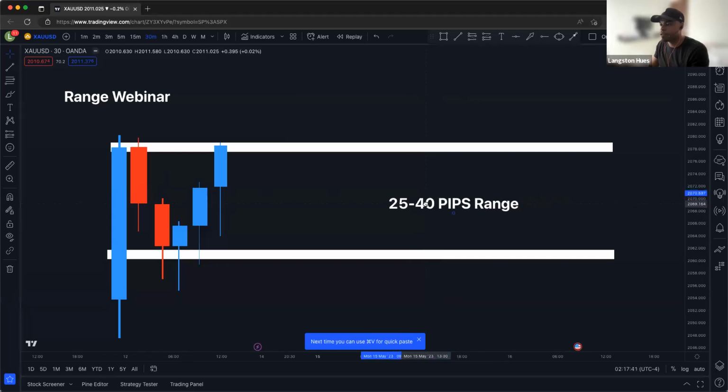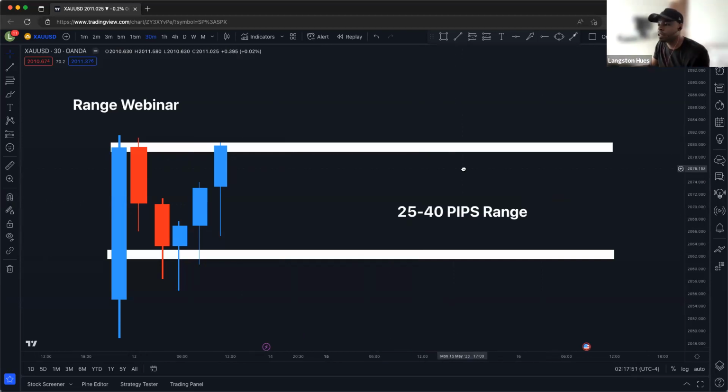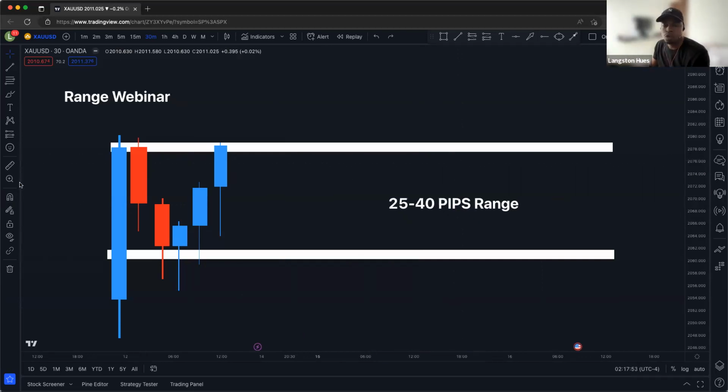If this range is about 25 to 40 pips, or even bigger, at least 25 pips, then we're interested in trading the range as well. Because normally we're looking for a breakout, but if we got something that's like 25 from the top to the bottom of the range, then we're interested in trading inside of the range.